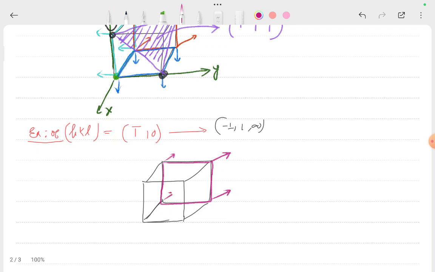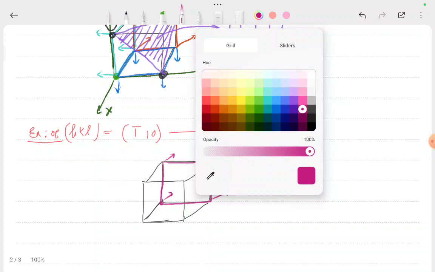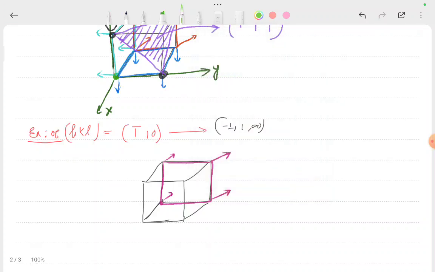This is your style. Okay, next, positive Miller indices. We consider the origin here, and mark down the positive y-axis. This is the positive y-axis face.